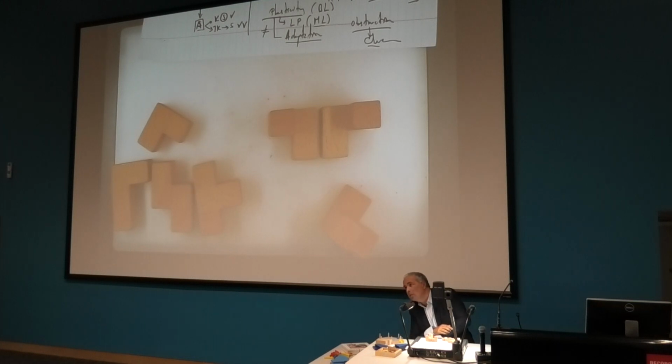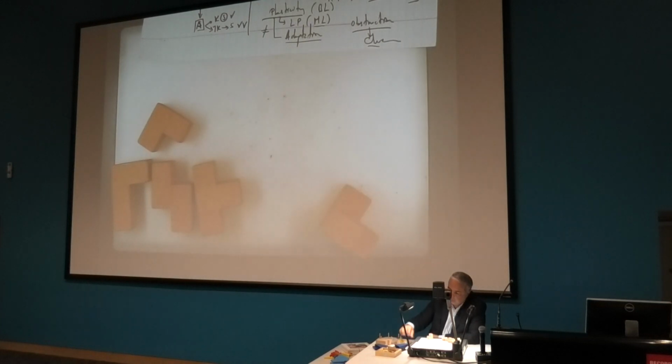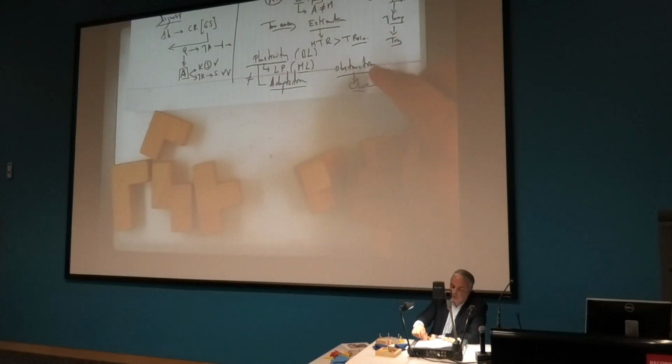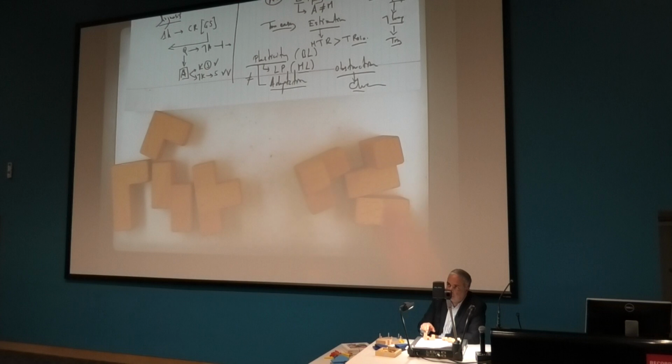Yes, it's a clue. A corner. This is also a clue. So, it was my explanation about the obstruction. We have two clues, and we can start the process.